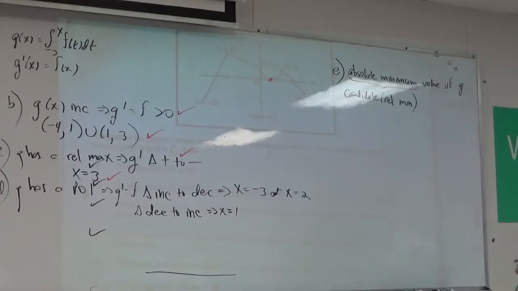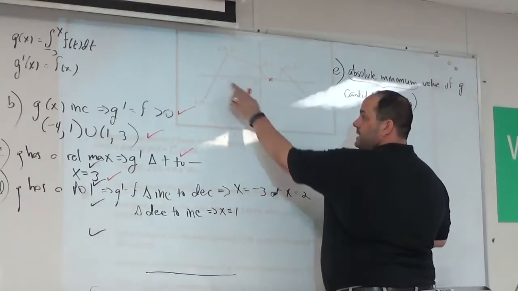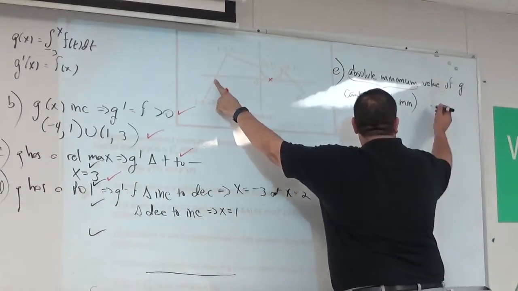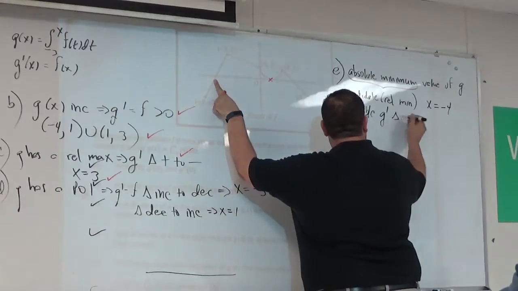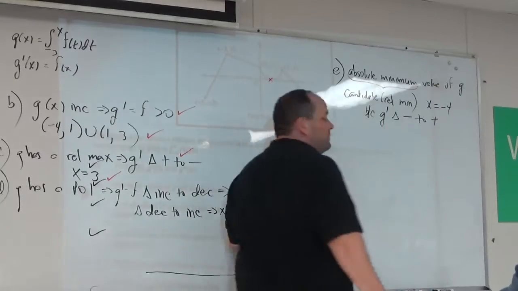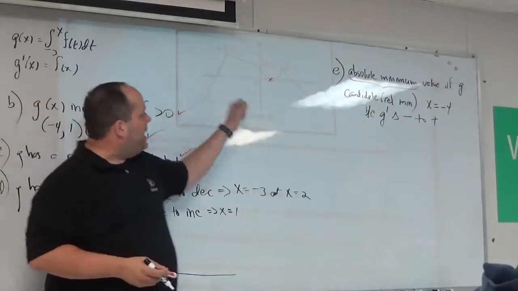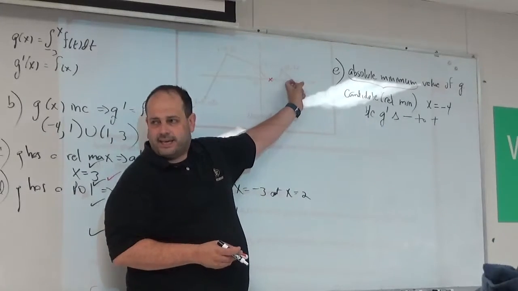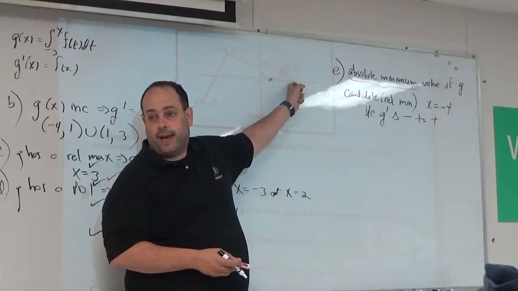At x equals -4. The candidate is x equals -4 because G prime makes a change from negative to positive. That's why I'm going to pick -4 as my candidate, but I'm not going to pick +3 as the candidate. That makes no sense. That's a candidate for an absolute maximum.